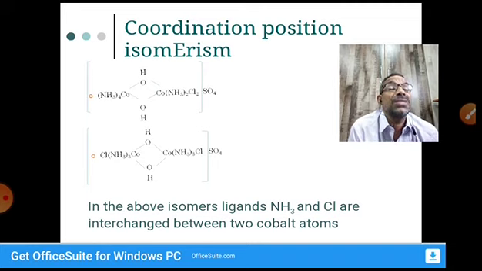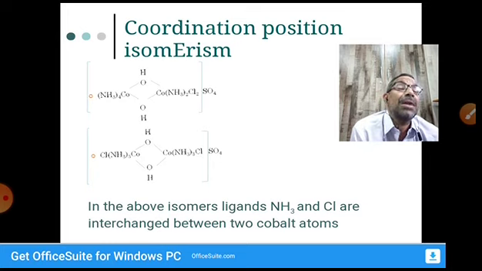All these 5 types we explained with one example each. In ionization isomerism, when the compounds are dissolved in water or aqueous solution, they give different ions having the same formula. In hydrate isomerism, the number of water molecules coordinated to the central metal atom changes.